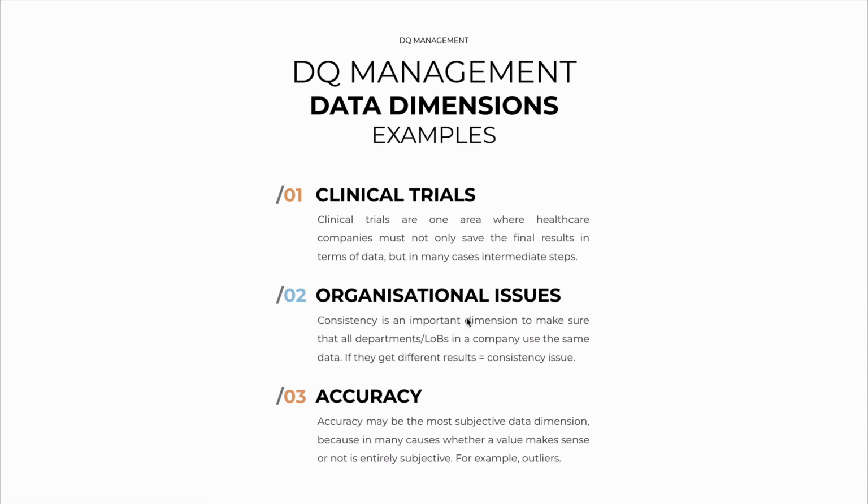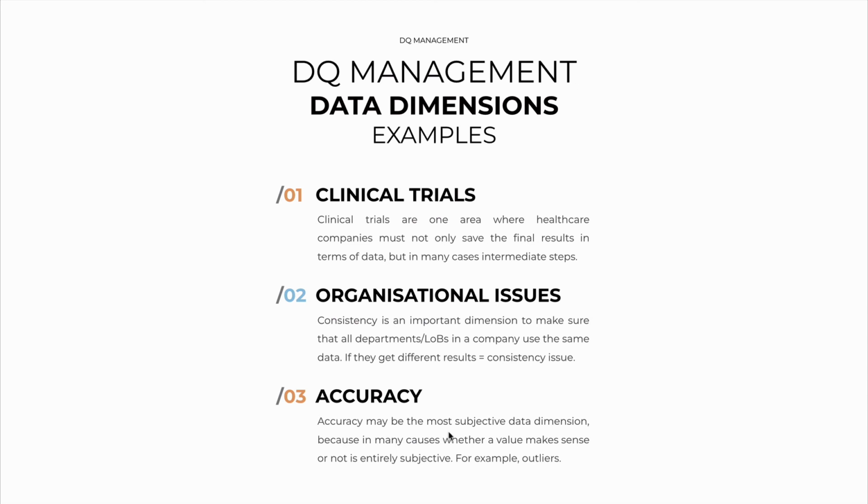It's an important dimension to make sure that the whole organization is aligned, that different departments or lines of business use the same data. If you get different results in terms of consistency, that's probably because the organization is not standardized. Then, the most sensitive dimension is probably accuracy, and the most subjective one, because in many cases, whether a value is reasonable or not is entirely subjective.